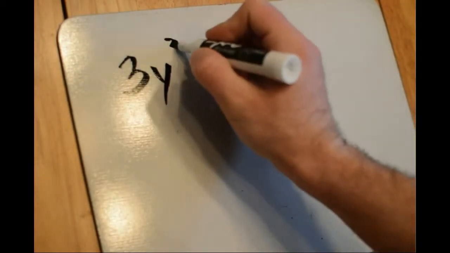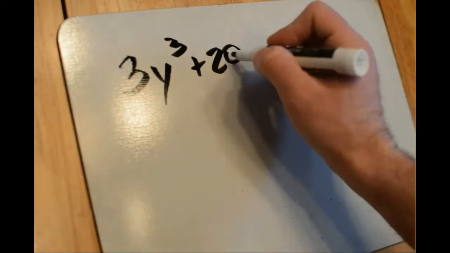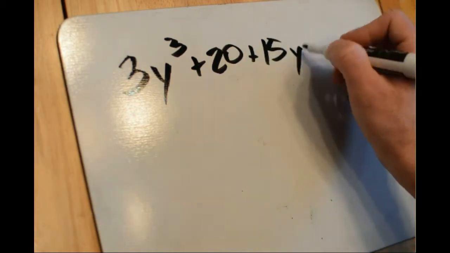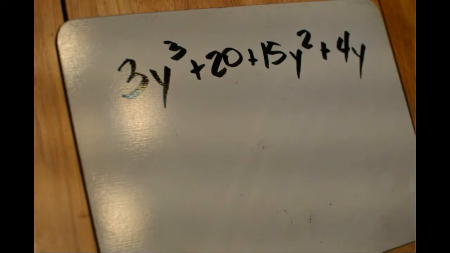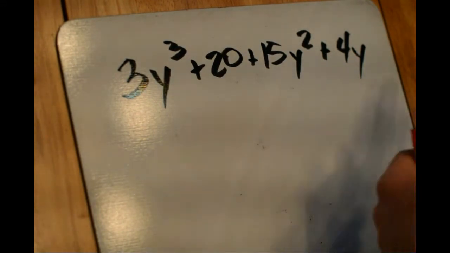All right, let's take a look at another. So here we have 3y to the third plus 20 plus 15y squared plus 4y. So first thing to notice, we have a 4-term polynomial, so grouping is a good strategy to use.